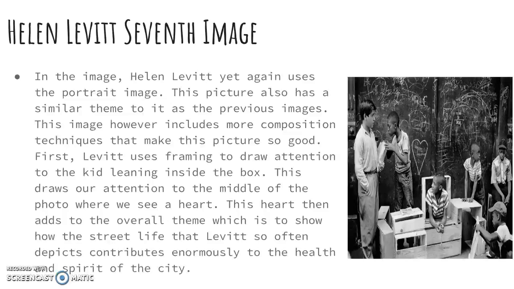And this draws our attention toward the center of the photo where we see a heart on the board behind them. And I feel like this heart adds to the overall theme, which is to show how the street life that Levitt so often depicts contributes enormously to the health and spirit of the entire city.